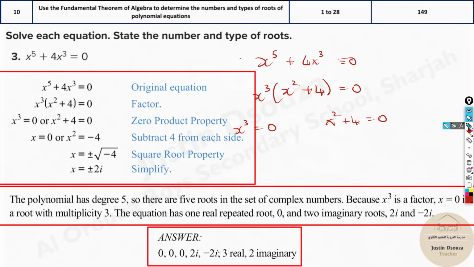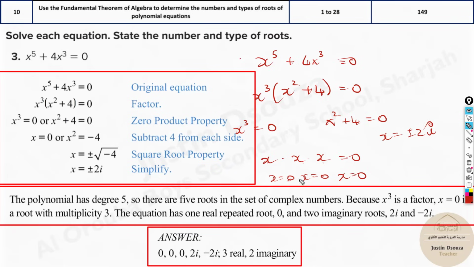Okay, they're asking you to write like this. It's very important to write like this then. You know x cubed is 0, right? What does this mean? x multiplied by x multiplied by x is 0. So how many 0 roots are there? 1, 2, 3. So the solution will have x is equal to 0, x is equal to 0, x is equal to 0. And over here we got x is equal to plus or minus 2i, right?